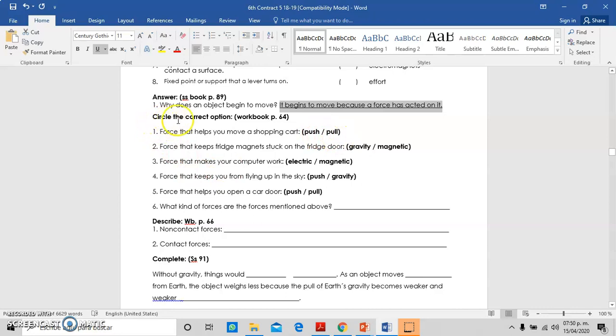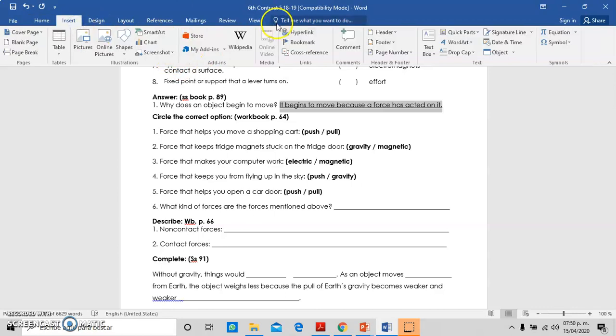Then, circle the correct option. You should have answered already, workbook page 64. Okay, children, here I think that I don't have this option. I cannot circle, but I am going to underline, okay?